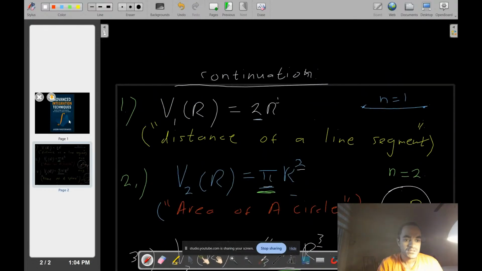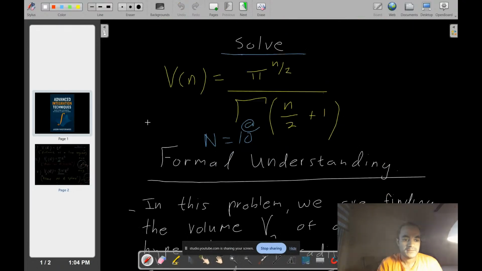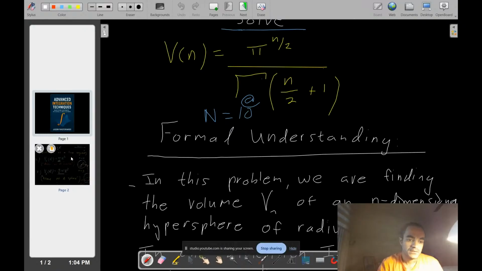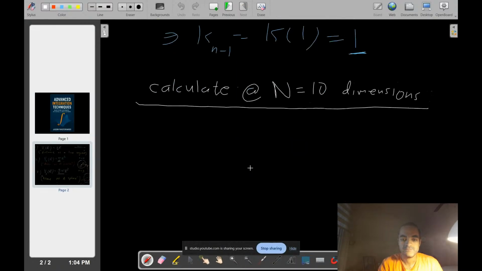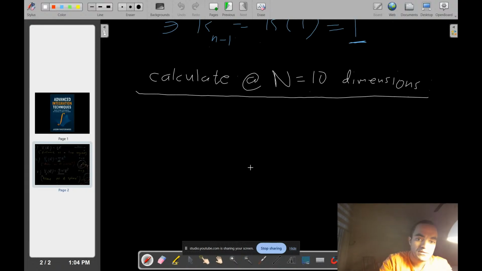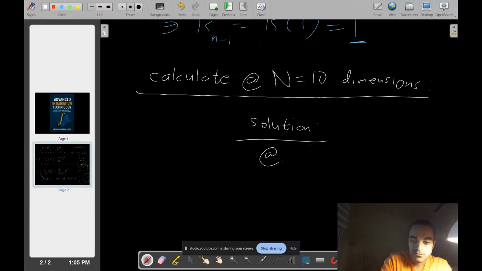So we're going to use our interesting formula here, which states the volume of any n-dimensional hyperspace. So here's the solution at n equals 10.